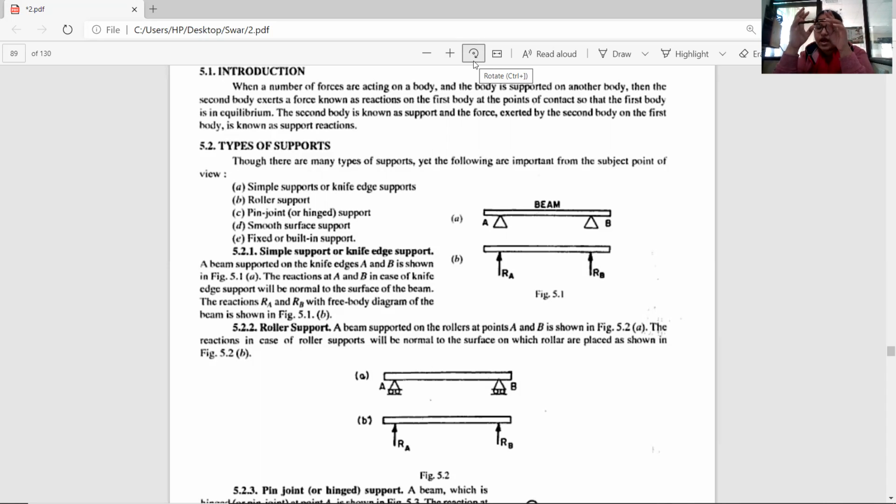Firstly, we are talking about without supports. I take this rod and tuck it in between these walls. My hands are the walls of a room. I just simply tuck it, didn't provide any support, didn't fix it to the wall. So there is no support between this rod and the wall.